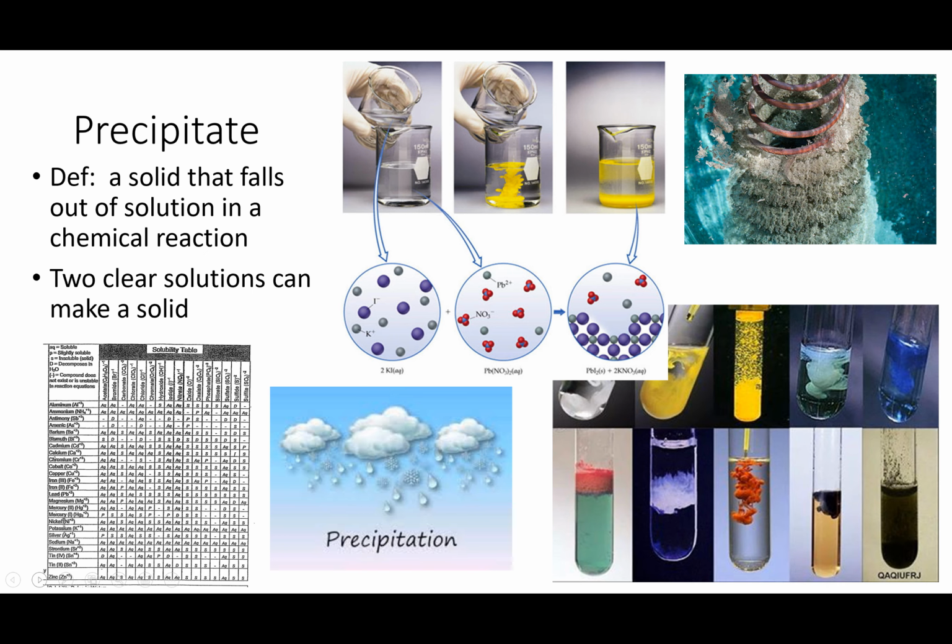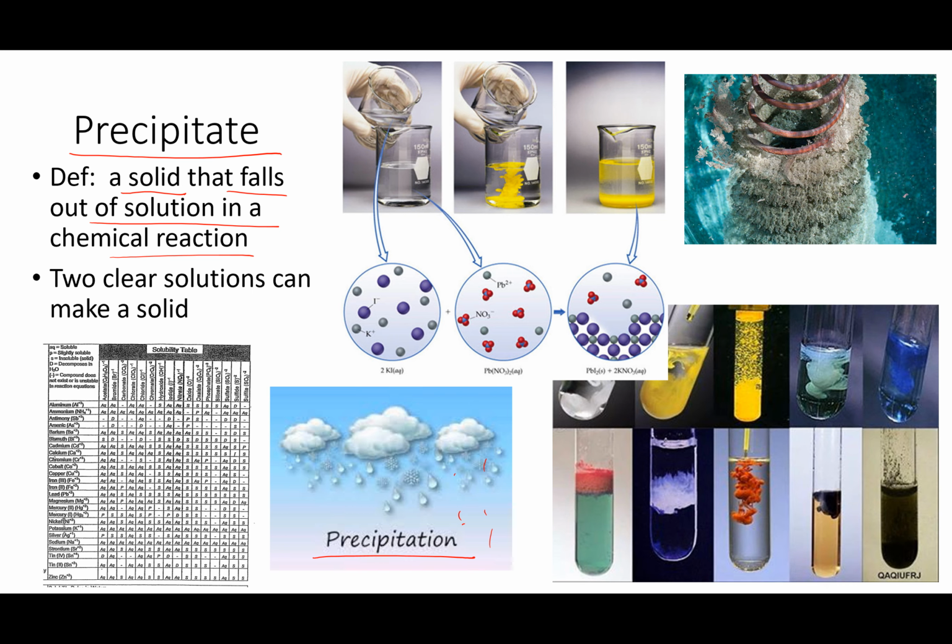Now, I use the term precipitate, and it might sound familiar from weather reports and meteorologists using the term precipitation. Precipitation can mean rain, it can mean snow, heck, it could mean hail falling out of the sky. But it means something that is falling from above. A precipitate in chemistry is a solid that falls out of solution in a chemical reaction.